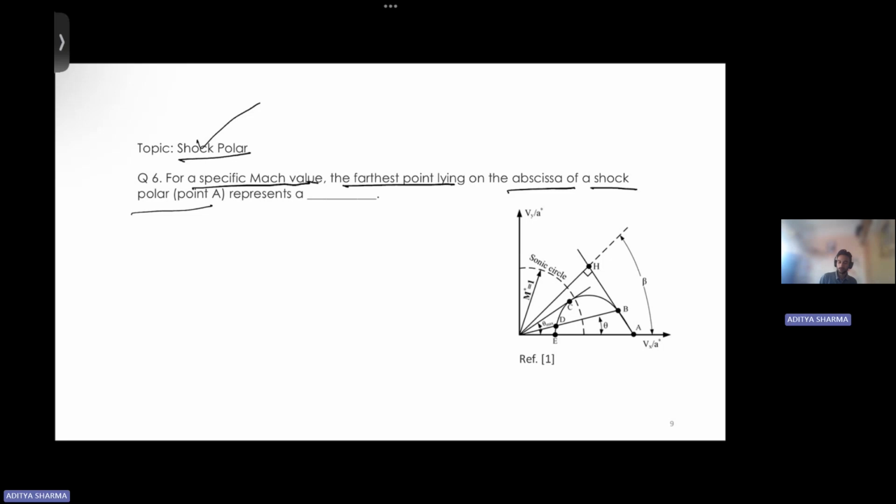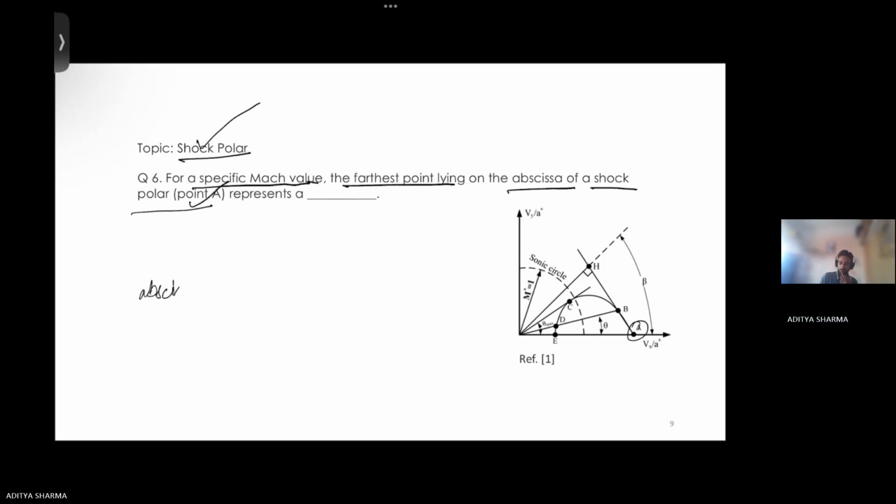We know, right? So it represents A dash. Abscissa is the x coordinate and ordinate is the y-axis, right?